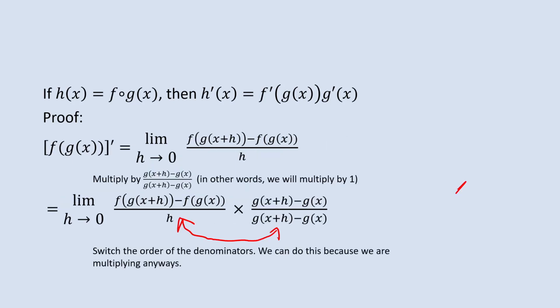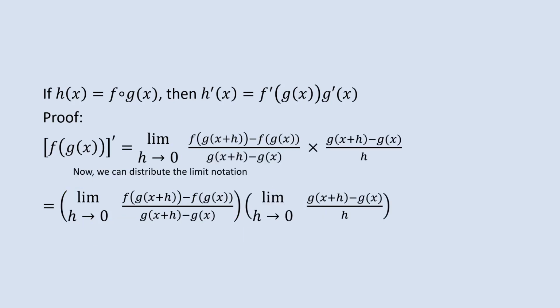Instead of talking about the limit of this whole expression, we're going to talk about the limit as h goes to 0 of the first expression times the limit as h goes to 0 of the second expression after we switch the denominators. That's what we've done in the next line. We, so to speak, distributed the limit notation and switched these two denominators.